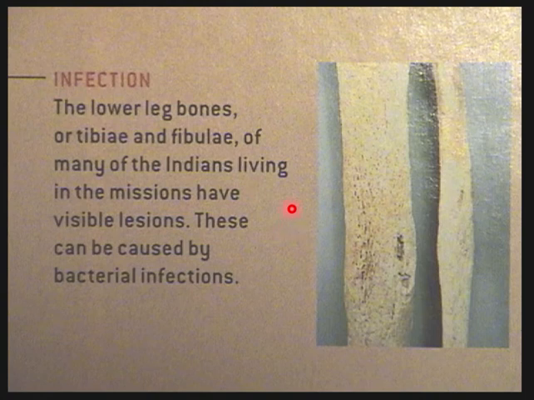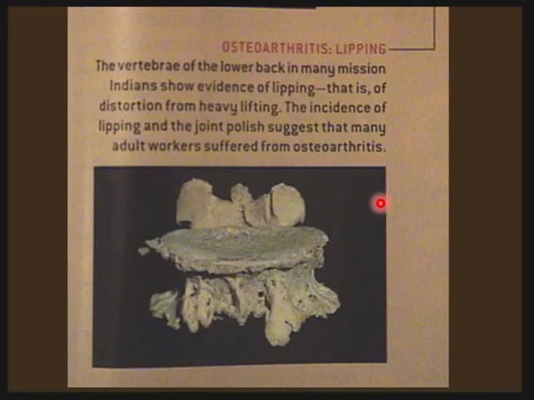What else can we tell? Well, the bones also give us an indication that the health of the people declined during the mission period. There's signs of infection, right? So you can see these lesions on the long bones. Arthritis, right? You know what a normal vertebrae looks like? A normal vertebrae doesn't have these gross-looking protrusions. This is all scar tissue.